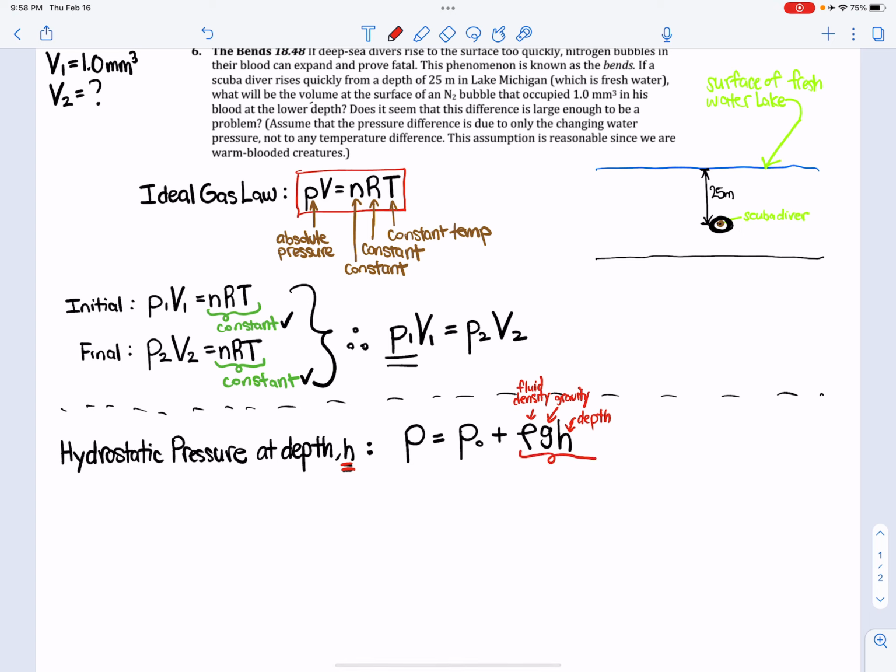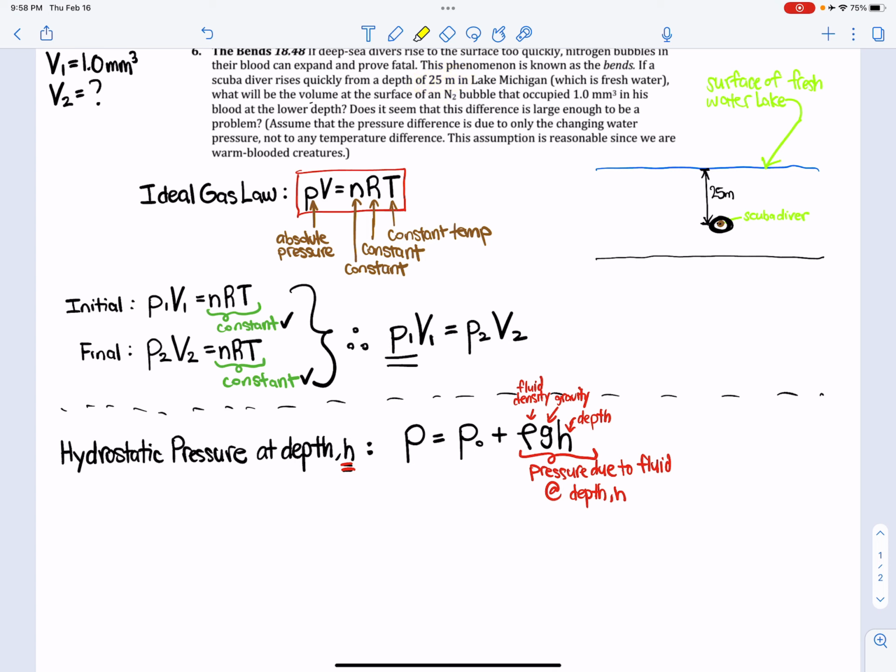And all these together give the pressure due to fluid at depth H. Which we know in this problem, H is 25 meters right here.